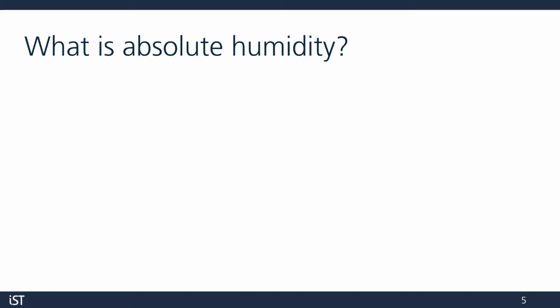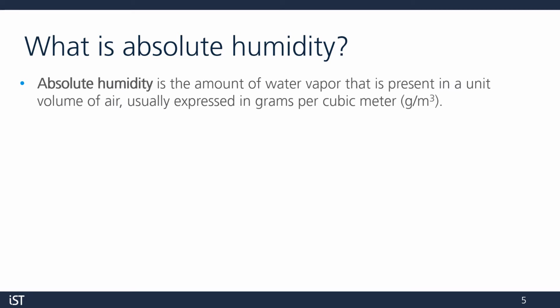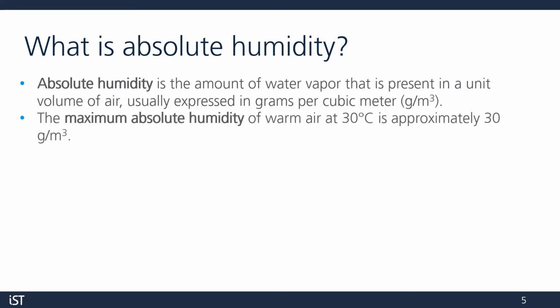Let's introduce some key humidity terminology first. Absolute humidity is the total amount of water vapor that's present in a unit volume of air. It's usually shown in grams per cubic meter. For reference, the maximum absolute humidity of warm air at 30 degrees C is approximately 30 grams per cubic meter.